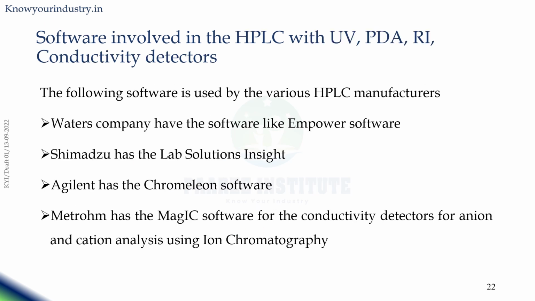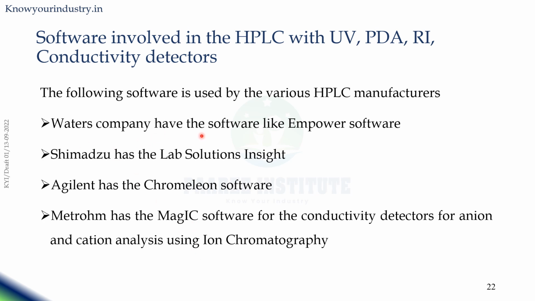When it comes to simple HPLC or UPLC systems without a mass spectrometer, where other detectors like UV, PDA, RI, and conductivity detectors are being used with the HPLC system, several software packages are adopted in the analytical laboratory based on the manufacturers of the HPLC instruments.